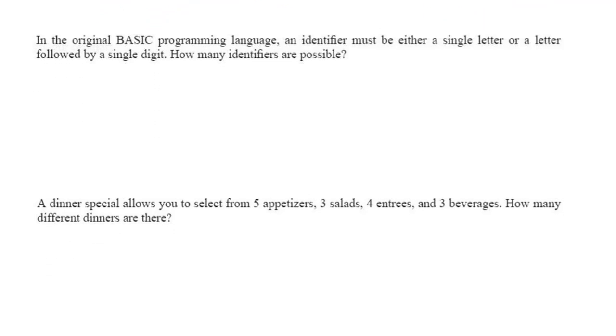Let's see another example. In the original BASIC programming language, an identifier must be either a single letter or a letter followed by a digit. So how many different identifiers are possible?